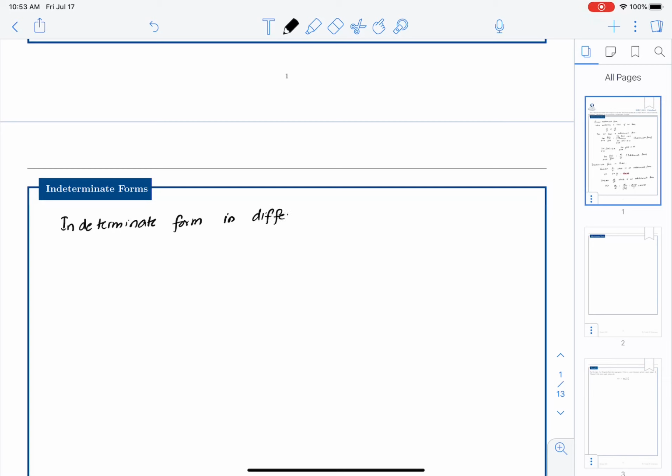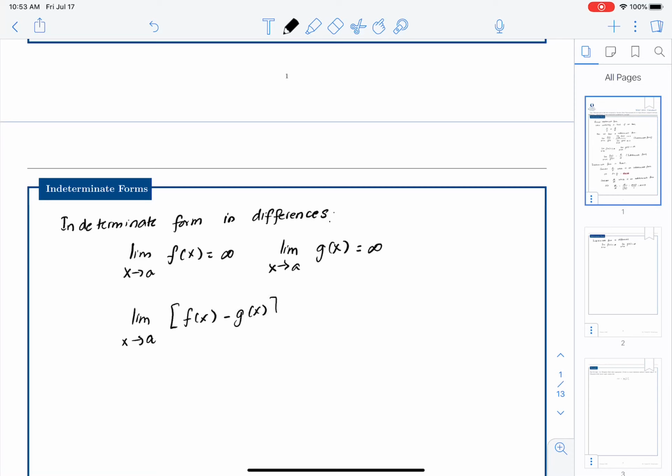We also have indeterminate form in differences. So if we have two functions, limit x approaches a, f of x goes to infinity, limit x approaches a, g of x approaches infinity, then limit x approaches a, f of x minus g of x would simply be equal to infinity minus infinity.